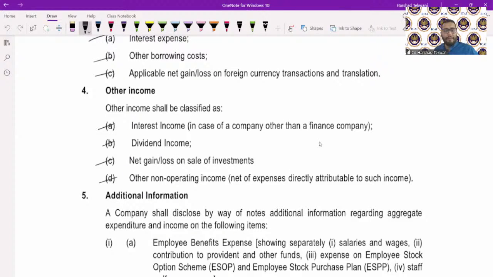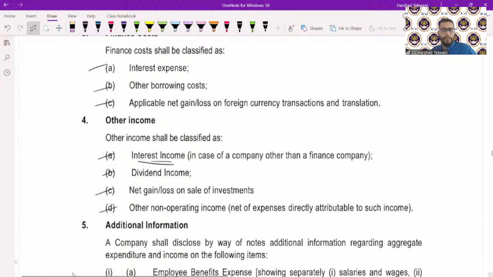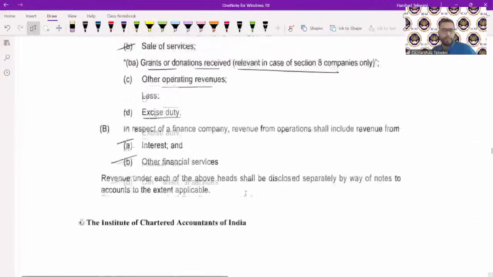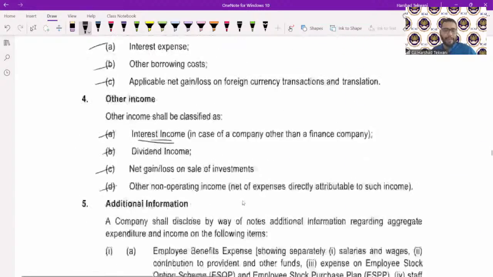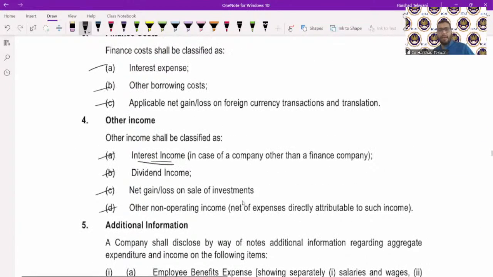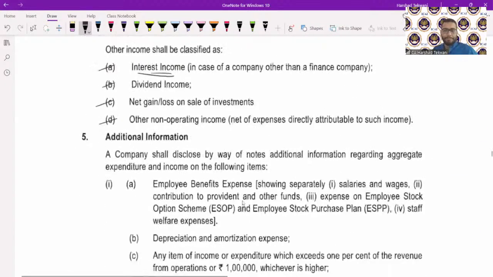Now for a finance company, interest income will be part of revenue from operations. But for a non-finance company, interest income shall be other income.